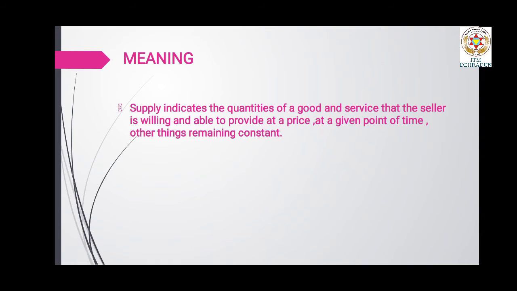So, supply indicates the quantities of a good or service that the seller is willing and able to provide at a price at a given point of time, other things remaining constant.